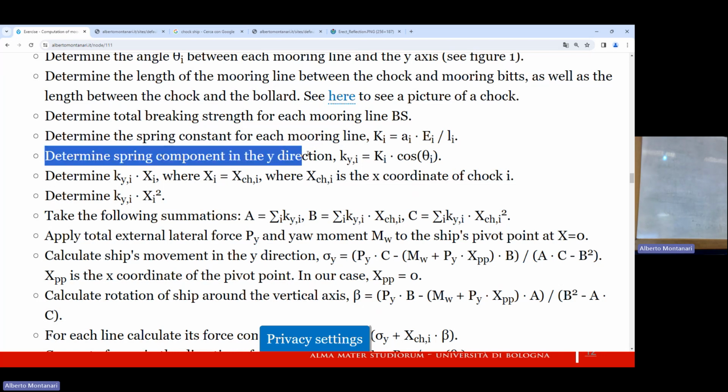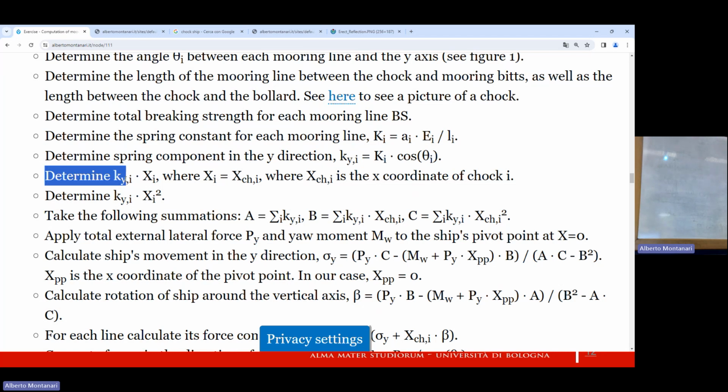Determine the spring component in the y direction. So we have to multiply the spring constant times the inclination of the mooring line with respect to the y direction.